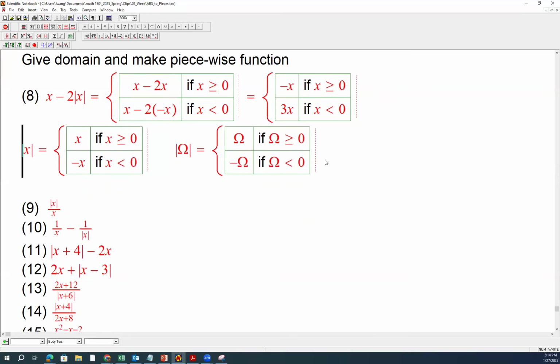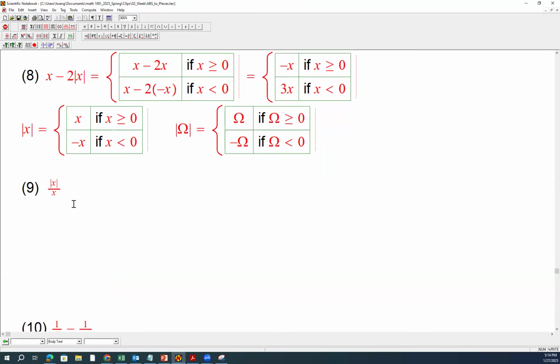All right. Let's look at number 9. This is also something you're going to see in calculus for sure. Okay. The absolute value of x divided by x. How do we get that? Well, we know that the absolute value of x has 2 pieces, right?